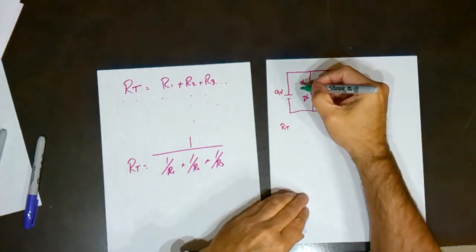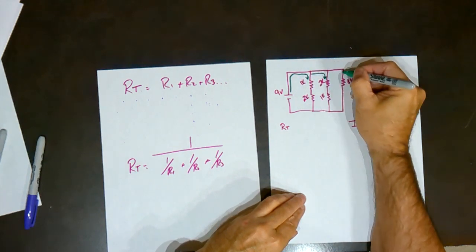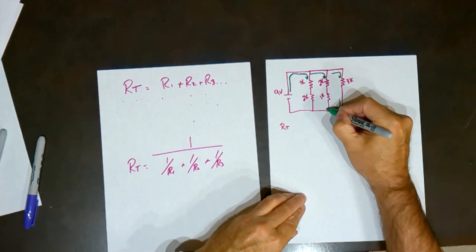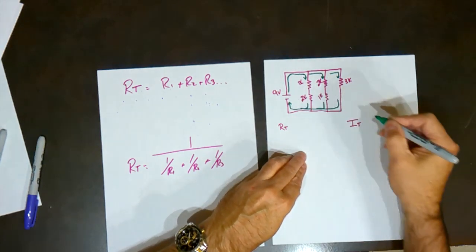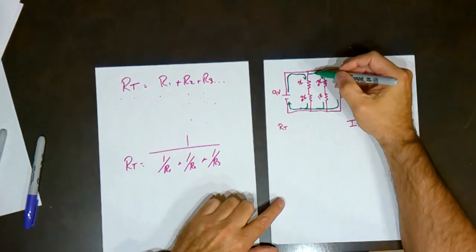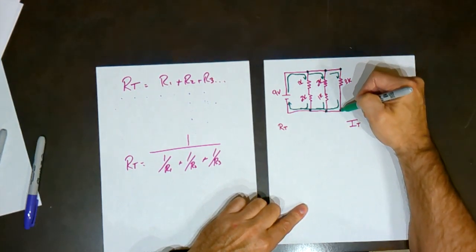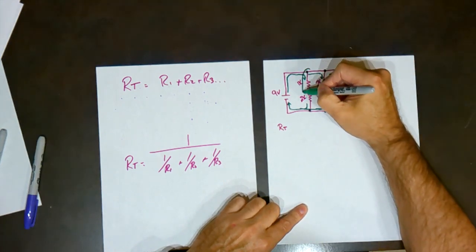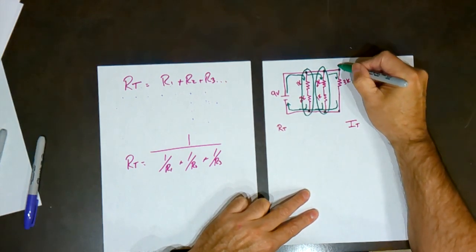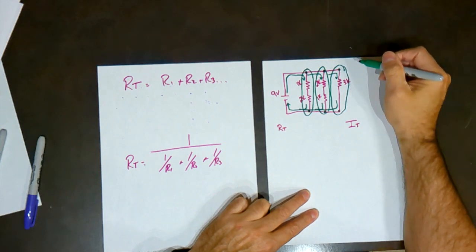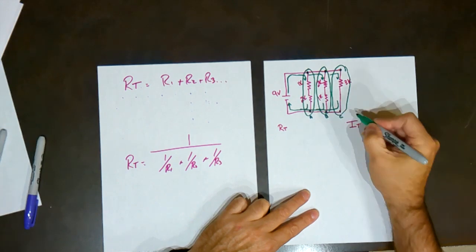In this case, the current's going to split, split, split, and rejoin, rejoin, and rejoin. So basically this point to this point, this point to this point, and this point to this point puts this branch in parallel with this branch in parallel with this branch. So we have branch A in parallel with branch B in parallel with branch C.